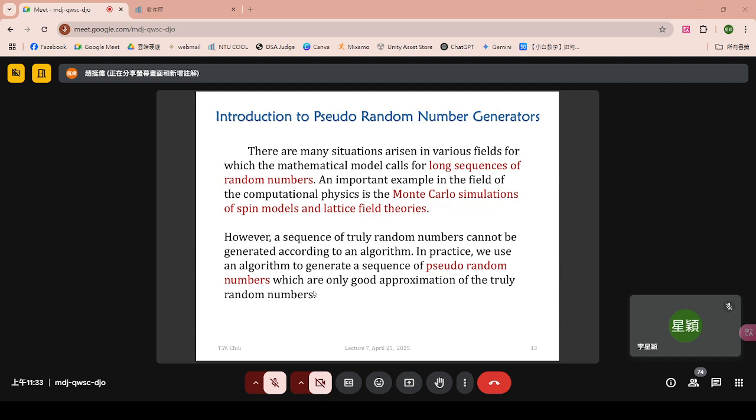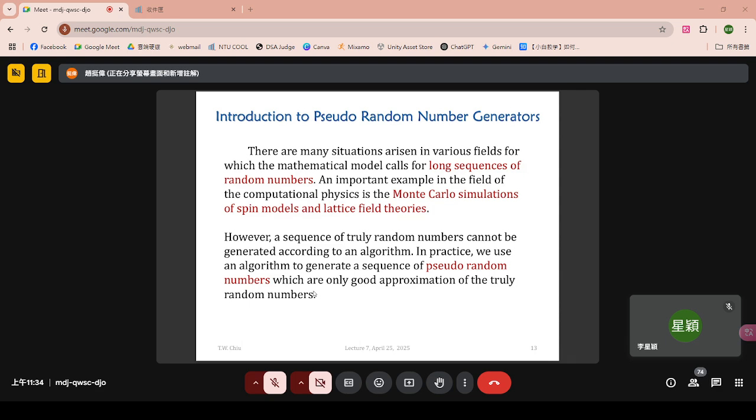Pseudo because it is not truly random. Truly random is something like extracting a number from some radioactive decay material.